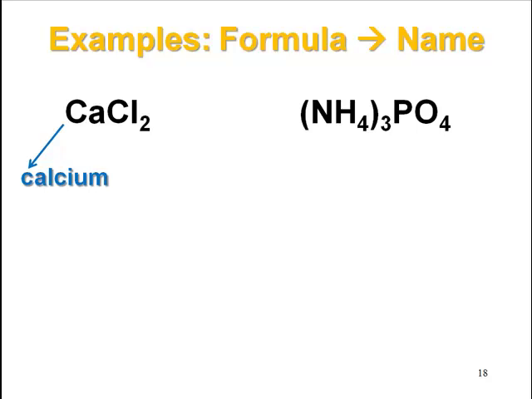The next thing we do is look at the anion, which is chloride. The ine changes to an ide in the ionic naming for a single atom ion.